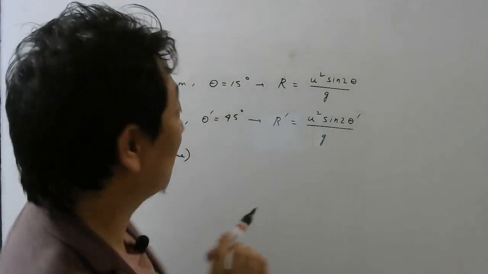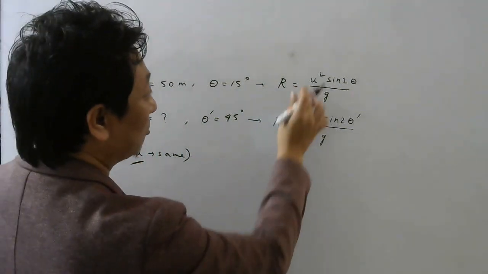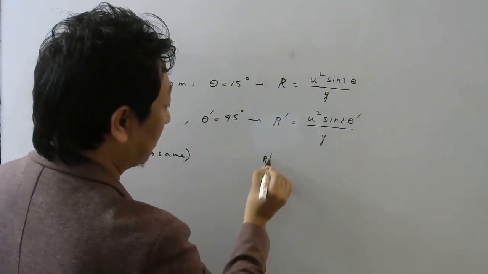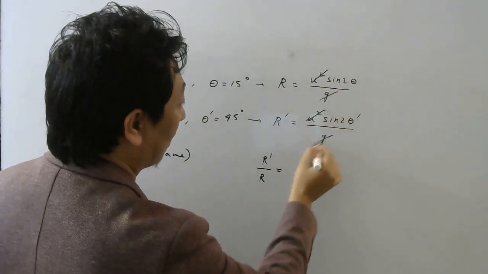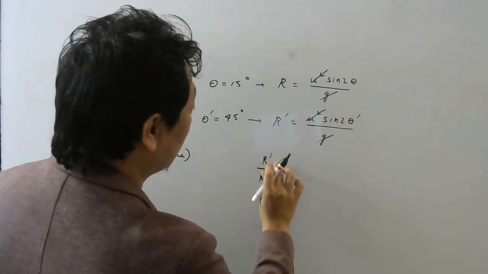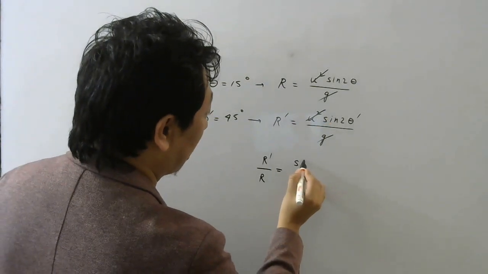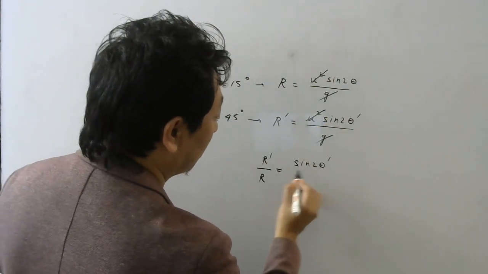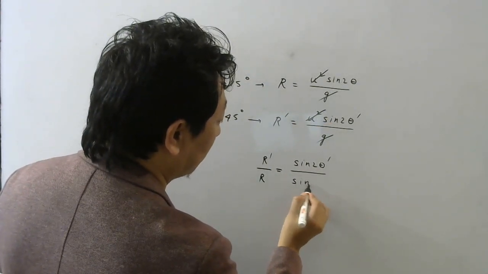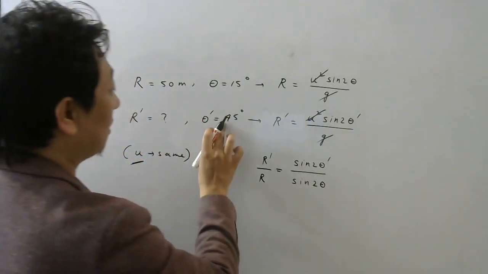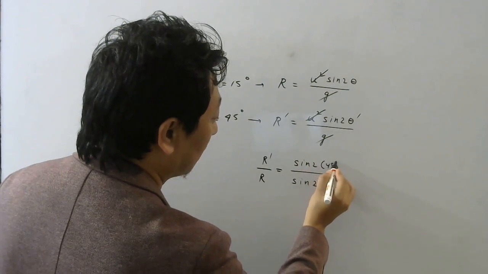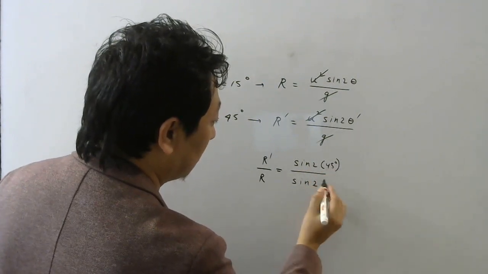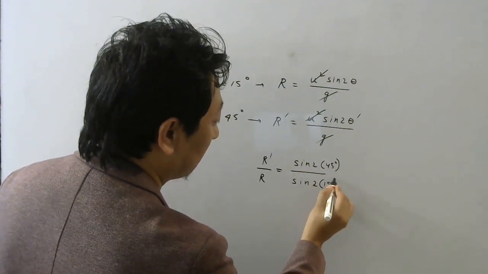The speed is same. So if I divide these two equations, r dash divided by r, you can see u square will cancel, g will cancel, isn't it? So you will get sine 2 theta dash divided by sine 2 theta. Now theta dash is given 45 degree. So here you put 45 degree. And theta is given 15 degree, right?